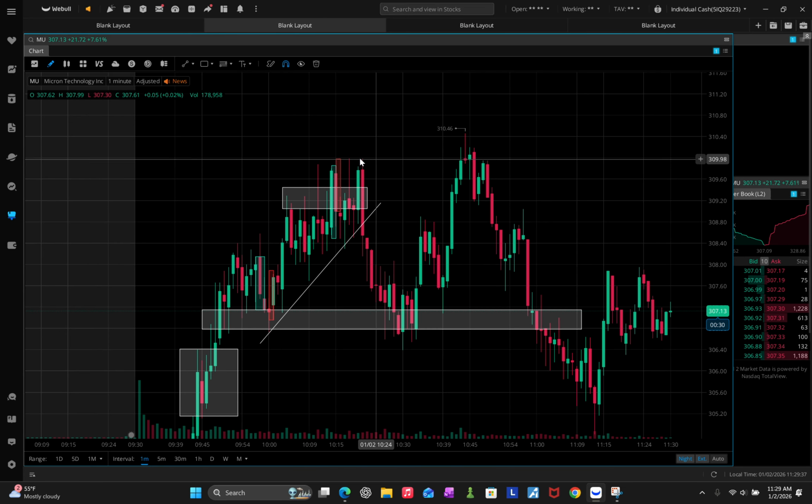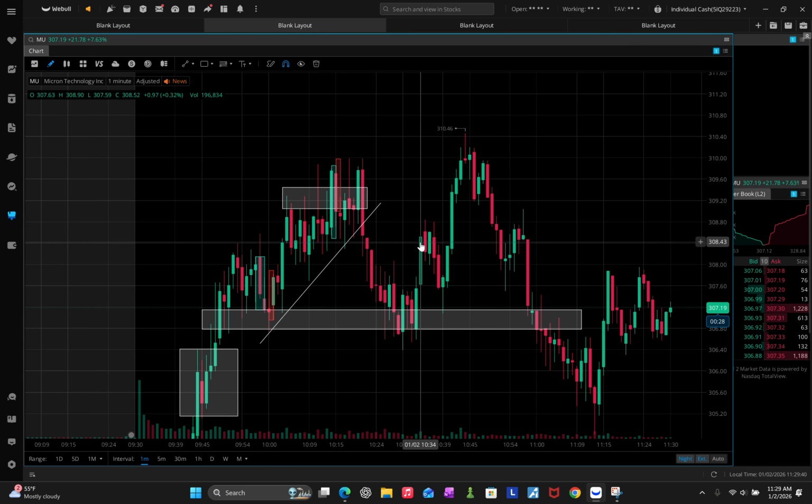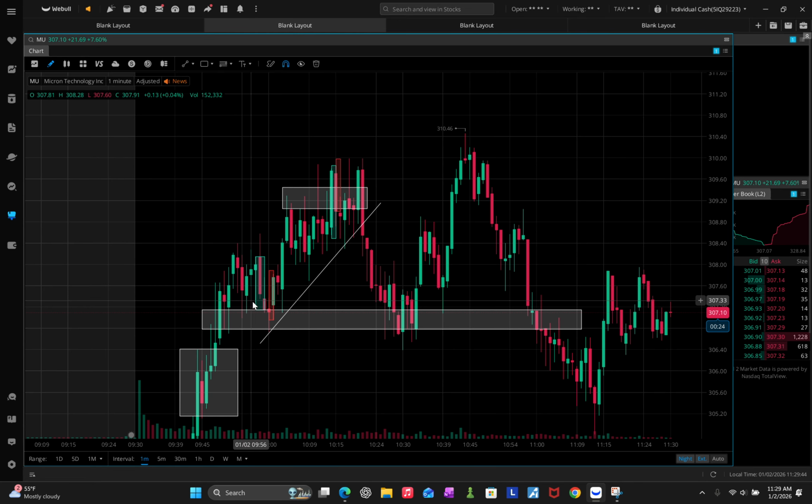I think this was just the wrong stock to trade in this instance because it showed too much strength. It was outperforming the market, I'd say. That's probably a better way of saying it. It was holding higher than SPY. So I think it was the right idea, the wrong stock.